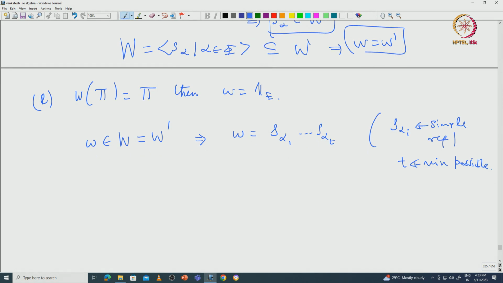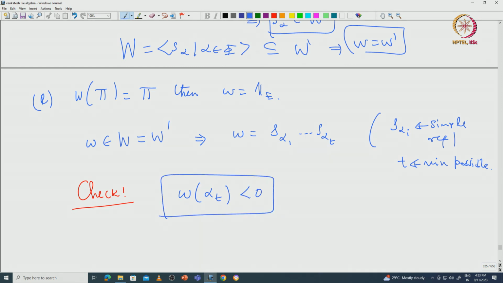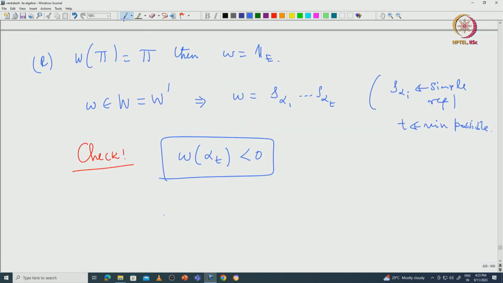Okay. So, this is an easy exercise, maybe I will do it in the next class. One can check easily that if you take w of alpha t, then that must be negative. But w of pi is equal to pi.